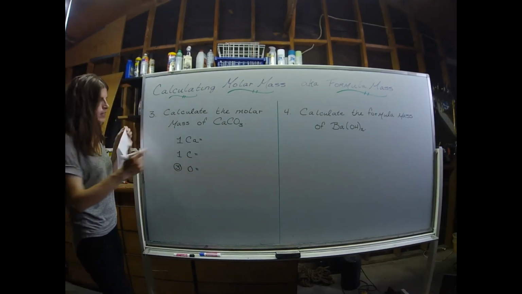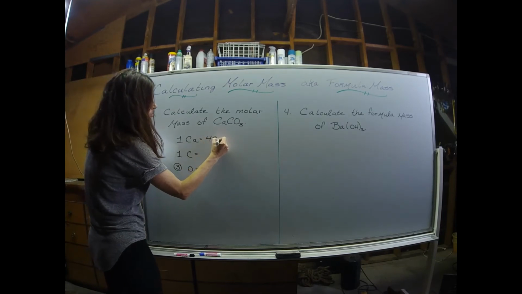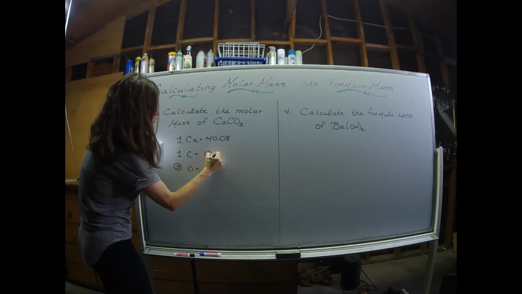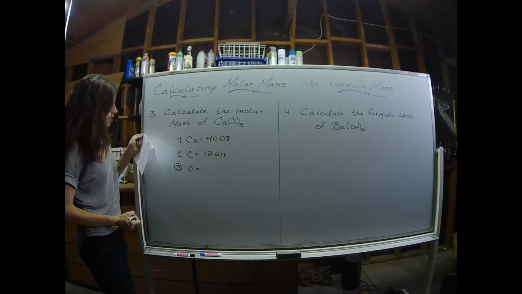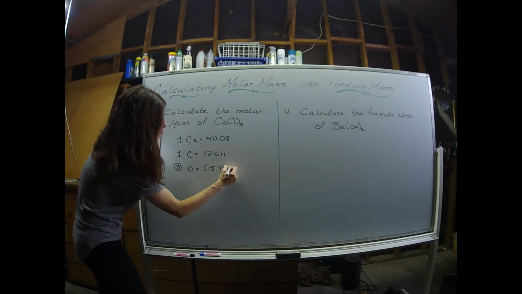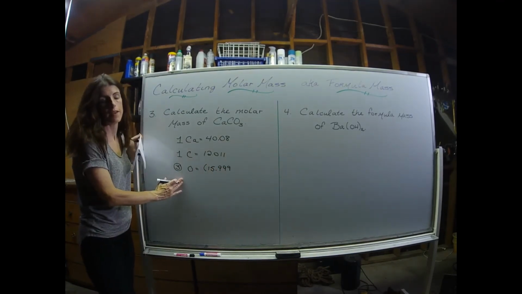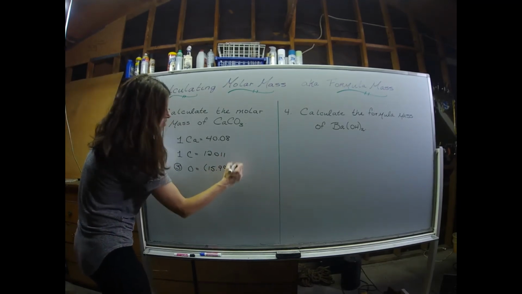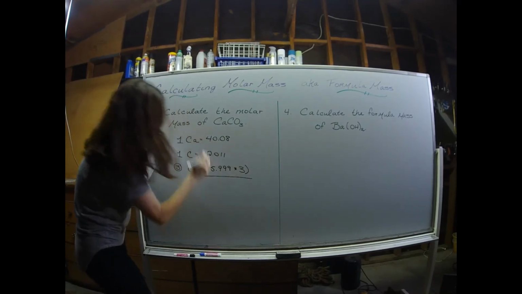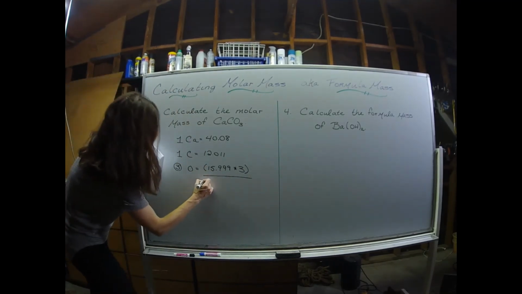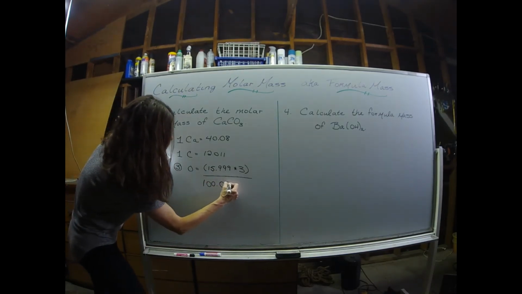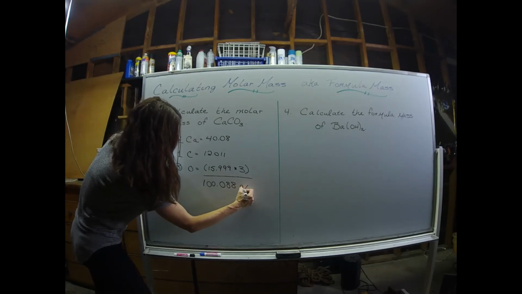So using my periodic table, I got 40.08 for the calcium, 12.011 for the carbon, and the oxygen was 15.999, and I want to multiply that number by 3 since there's 3 oxygens in the formula. When I added it all up, I got 100.088, and this is going to have units of grams per mole.